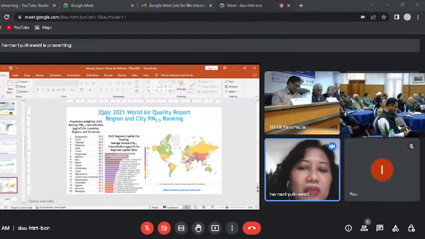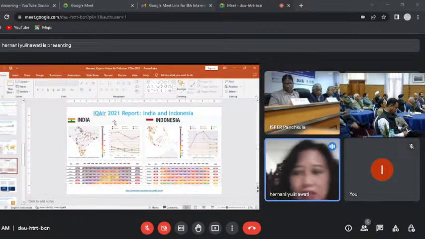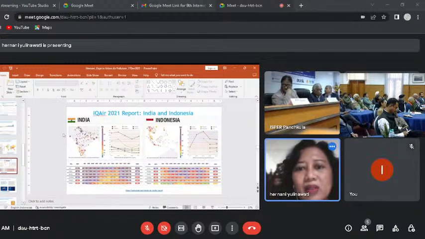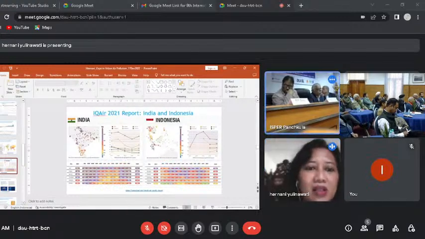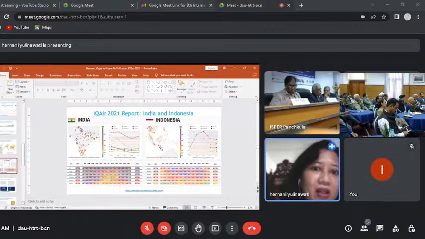People even did a class action, and we won the action. And if we compare Indonesia and India again, there are many more cities in India with heavier pollution. But in Indonesia, it's mostly concentrated on Java island, especially the capital city of Jakarta. We can see down here Jakarta, then Surabaya, mostly on Java island.